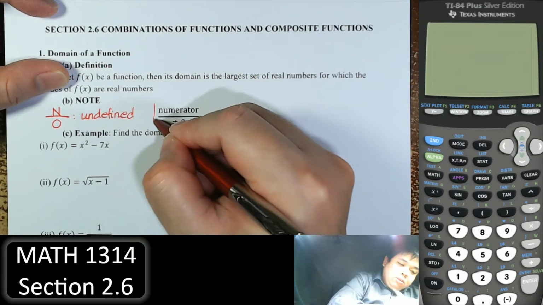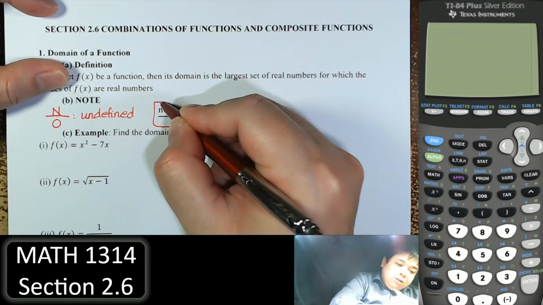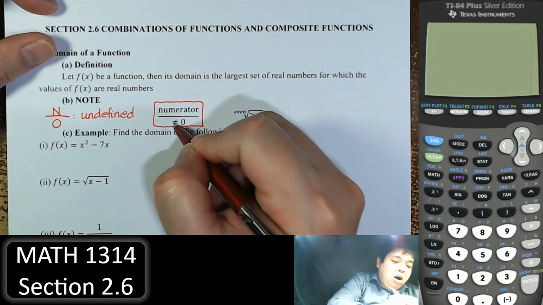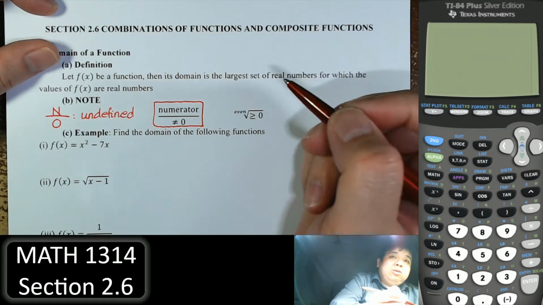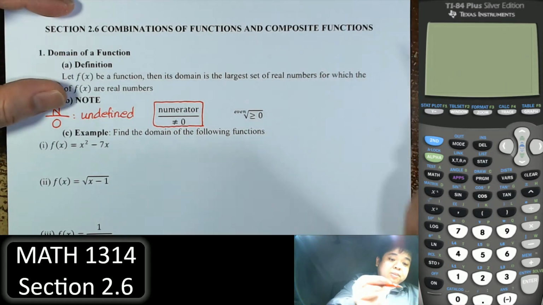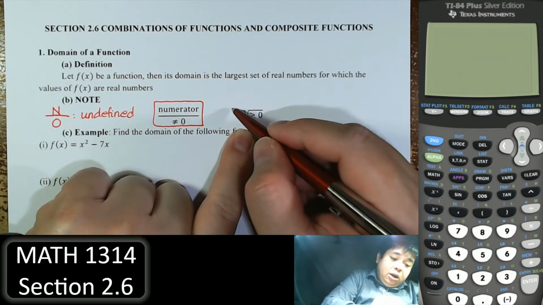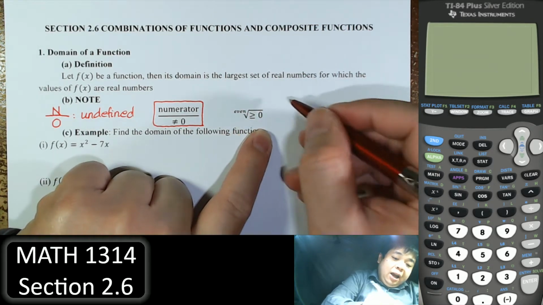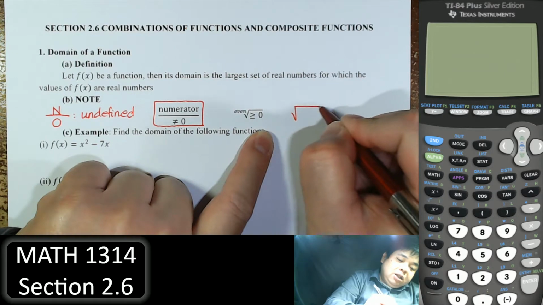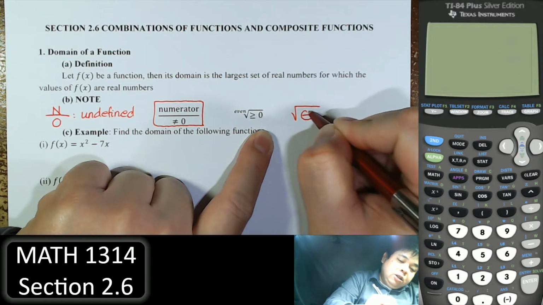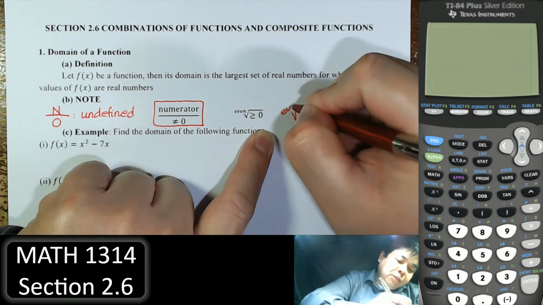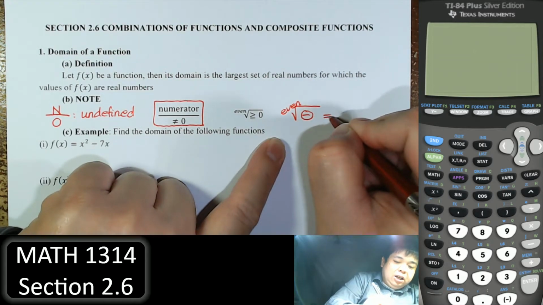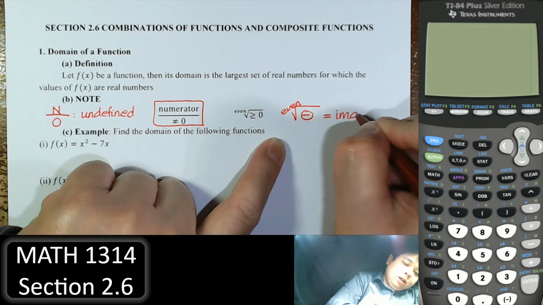So if we have something divided by something, the denominator cannot be equal to 0. So the bottom is not equal to 0 for the function to be defined. Also, when we have an even root, and if we have a negative inside an even root, this is an even root, square root, fourth root, and so on, it will be imaginary.